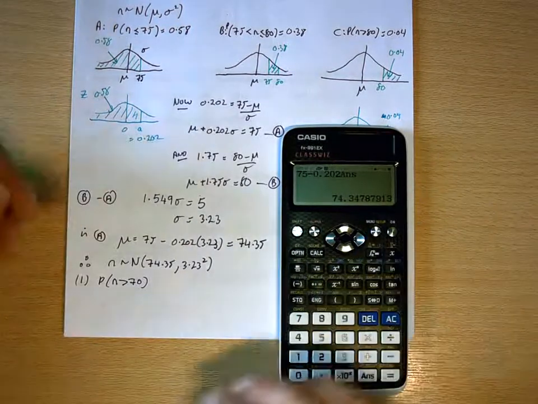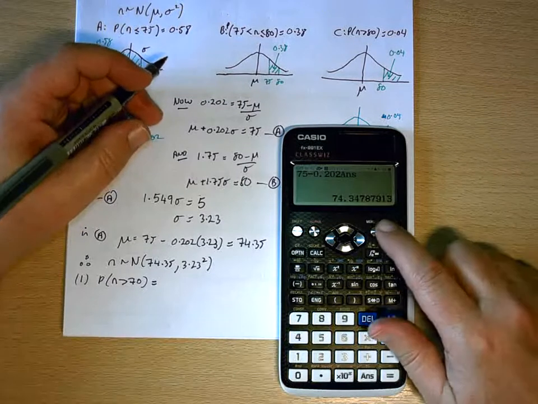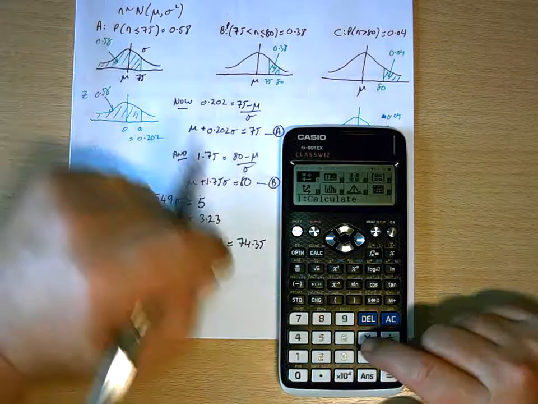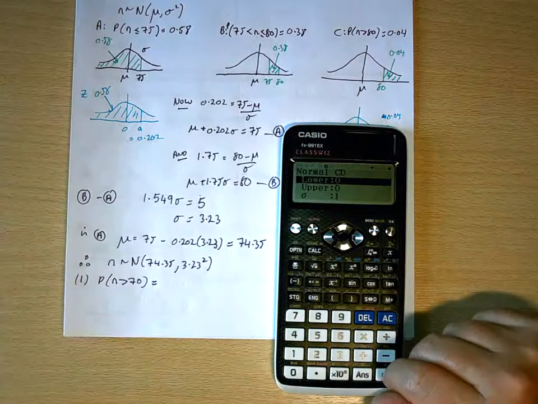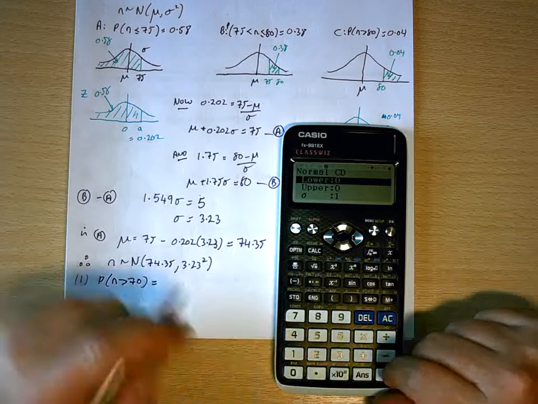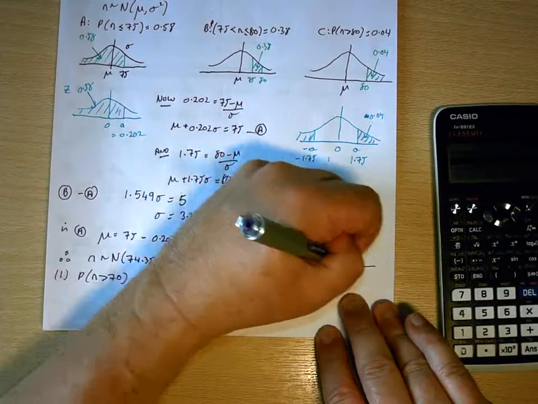So on our normal distribution, now we're going to go back into it, but this time we've got the normal cumulative greater than 70.